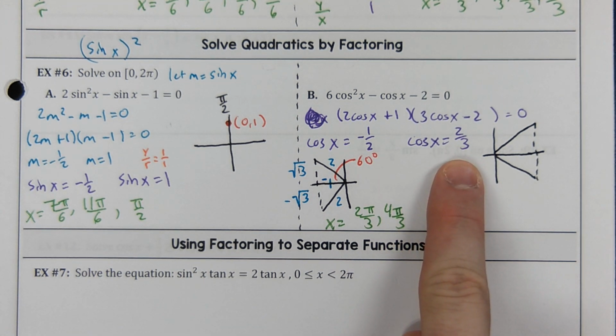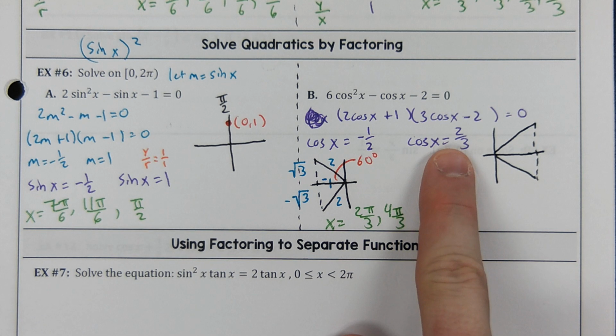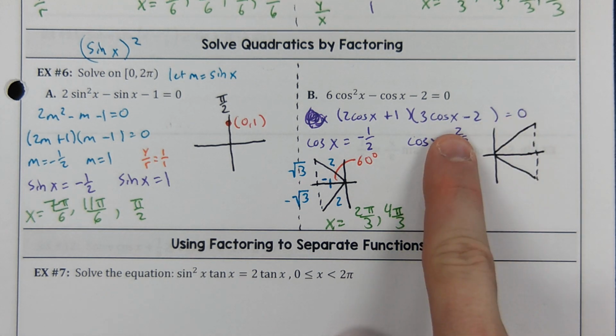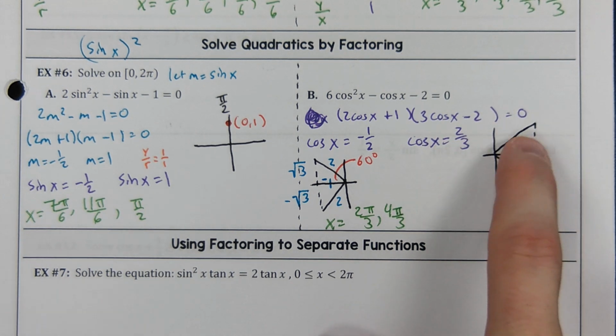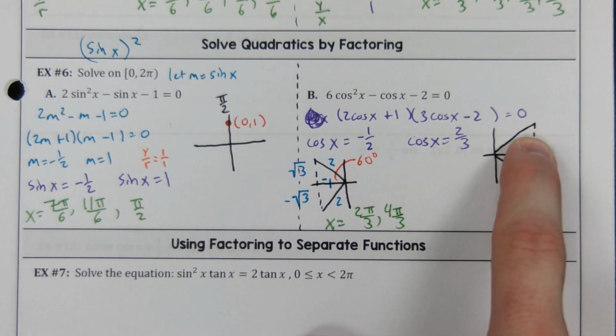And when I do cosine inverse, which quadrant is it going to give me my answer in? 1. Because remember, cosine inverse can only give us answers in quadrants 1 or 2. So when I do cosine inverse on my calculator, the answer it gives me will be this answer right here in quadrant 1.